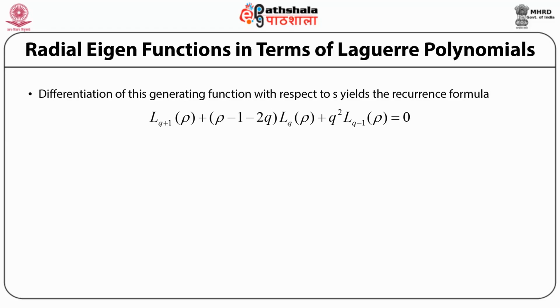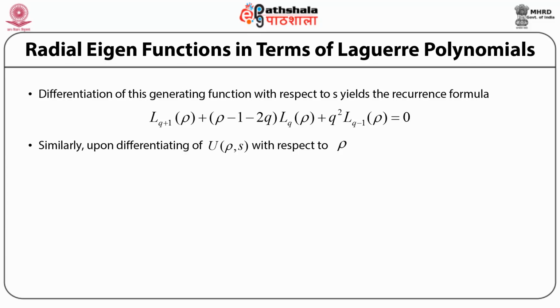Differentiation of this generating function with respect to s yields the recurrence formula, that is L_(q+1)(rho) plus (rho minus 1 minus 2q) L_q(rho) plus q^2 L_(q-1)(rho) equal to 0.